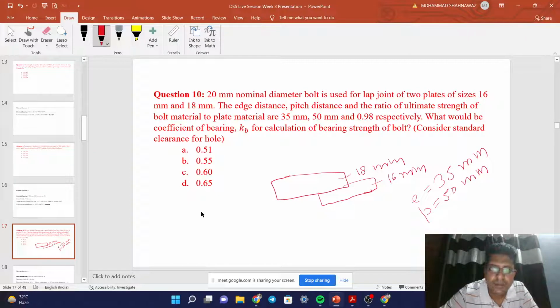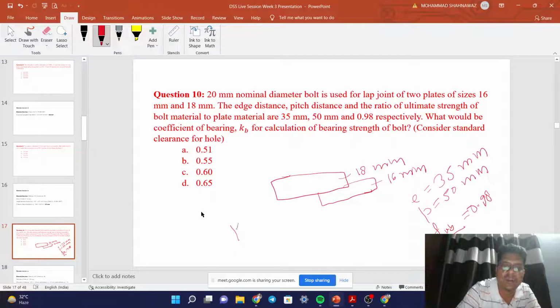and ratio of ultimate strength of bolt material means FUB upon plate material Fu is equal to 0.98. What would be coefficient of bearing Kb? So it is asking about coefficient of bearing Kb.